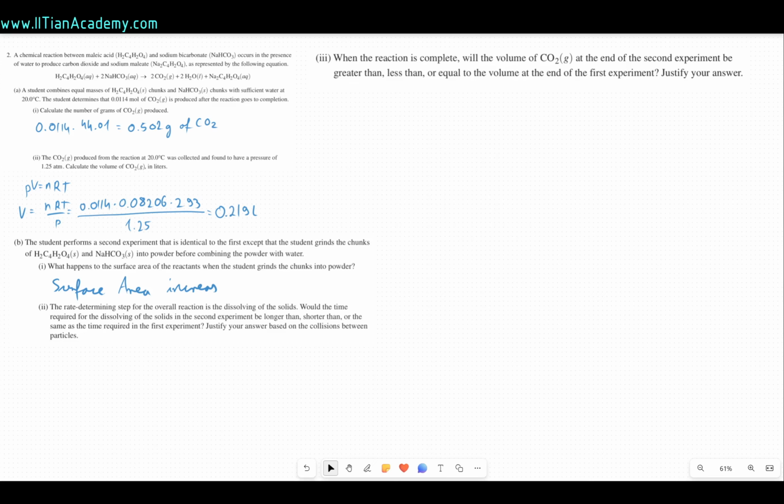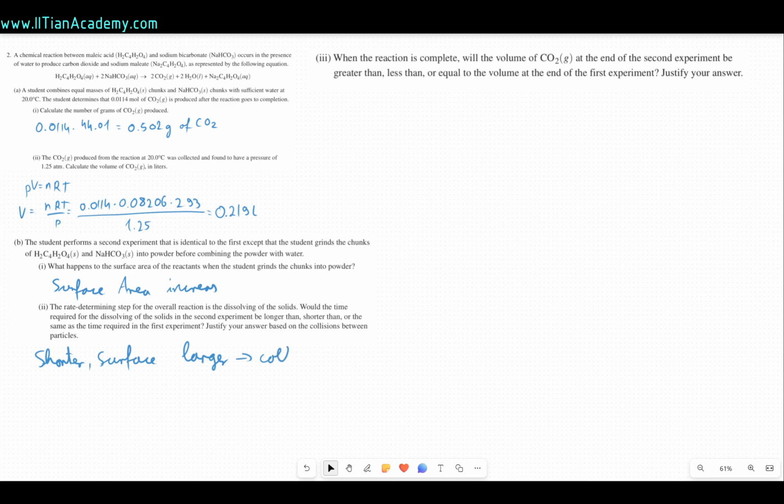Then in part 2, we're told the rate determining step for the overall reaction is the dissolving of the solids. Would the time required for dissolving the solids be longer than, shorter than, or the same? It's going to be shorter, and the reason for that is because, again, surface area is larger. If we have a larger surface area, that means that collisions between water particles and the surface particles can happen more often.